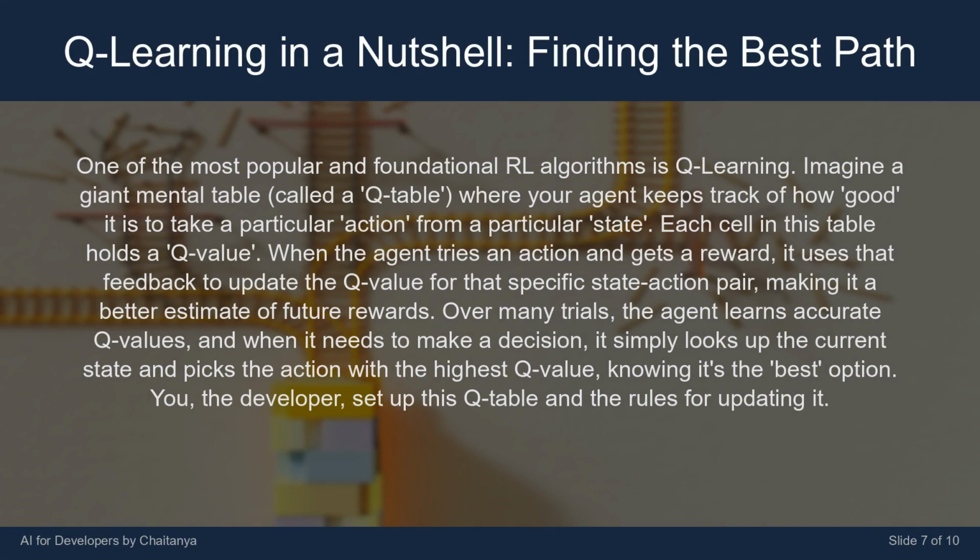One of the most popular and foundational RL algorithms is Q-learning. Imagine a giant mental table, called a Q-table, where your agent keeps track of how good it is to take a particular action from a particular state. Each cell in this table holds a Q-value. When the agent tries an action and gets a reward, it uses that feedback to update the Q-value for that specific state-action pair, making it a better estimate of future rewards.